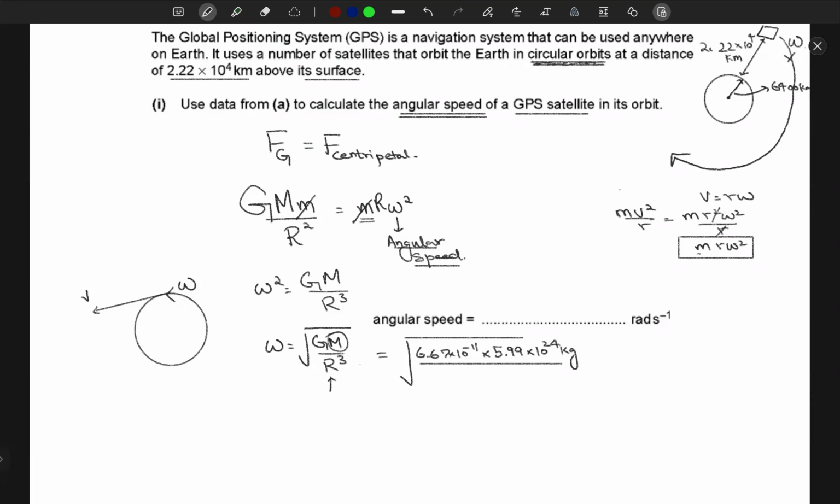So the value that I'll use over here is simply this 2.22 into 10 raised to power 4 kilometers plus the radius of the Earth, right? And remember, this is in kilometers, so converting it into meters is 10 raised to power 7, and then use the radius of the Earth in meters as well. And the rest is just a matter of putting the values in a calculator, right? So does everyone agree with this?